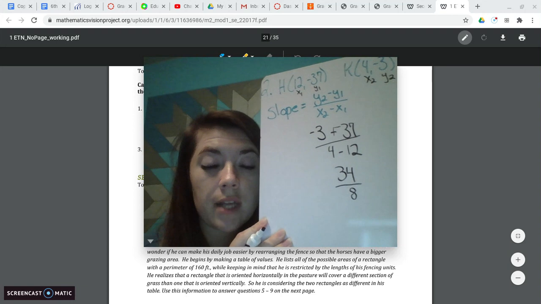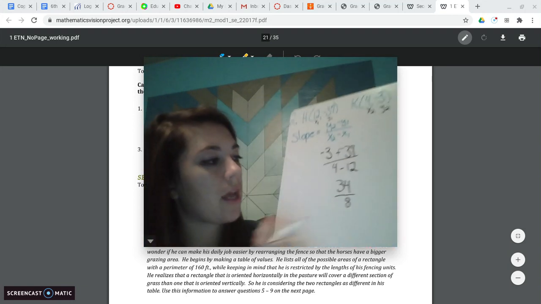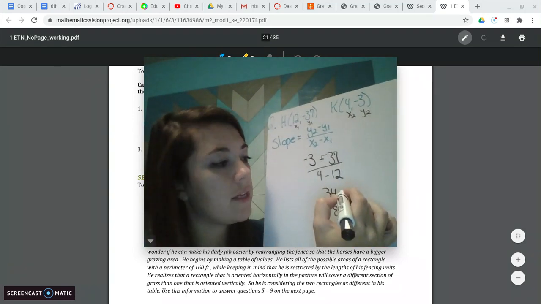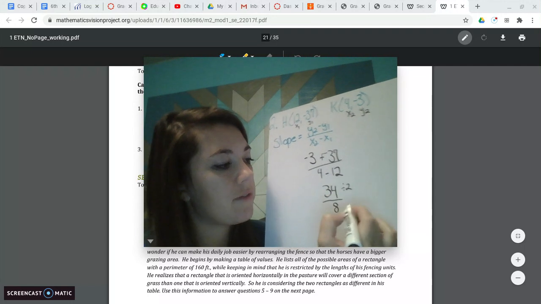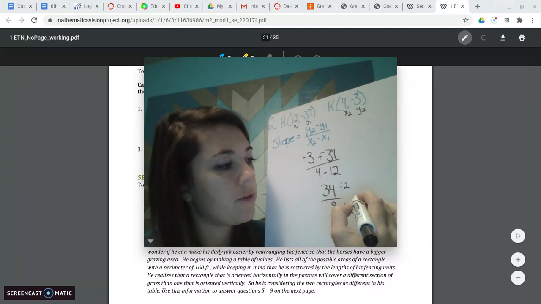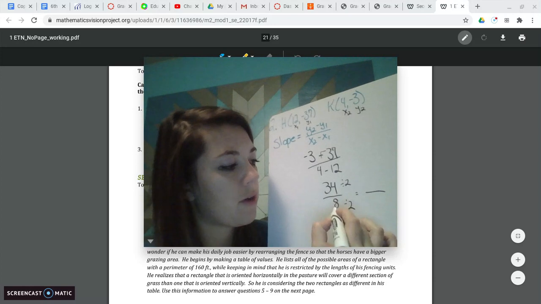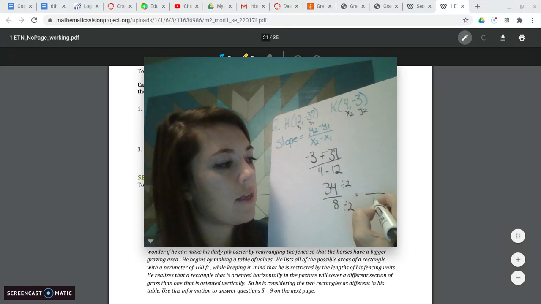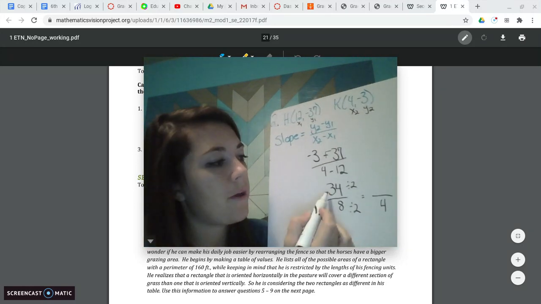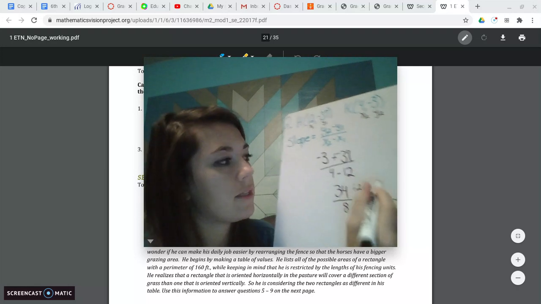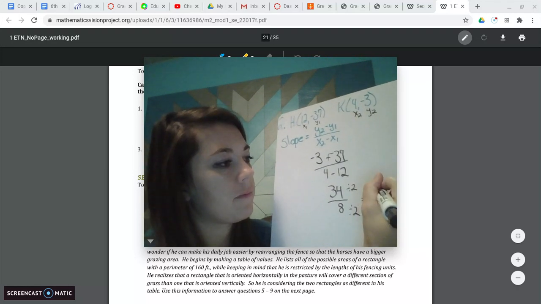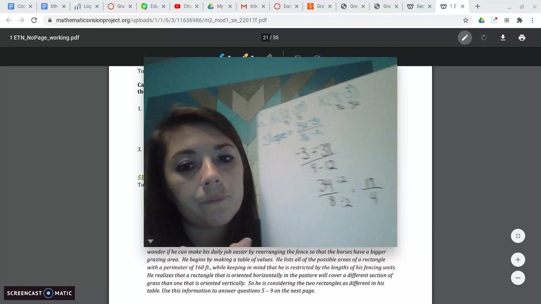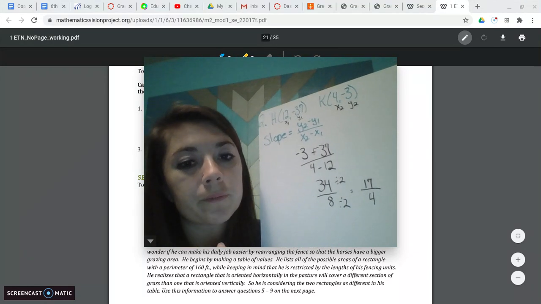Now, can we reduce this down? Yes, we sure can. Both of these are divisible by 2. So 8 divided by 2 is 4, and 34 divided by 2 is 17. Now, did I forget something?